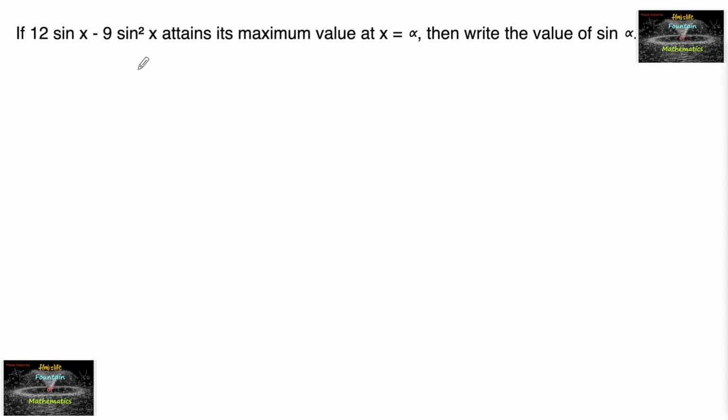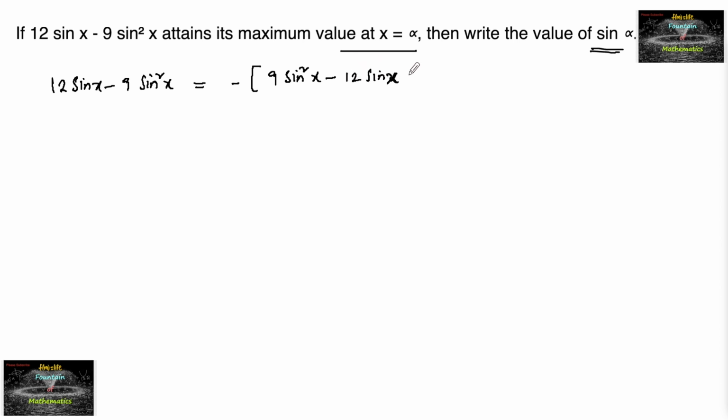If 12 sin x minus 9 sin square x attains its maximum value at x is equal to alpha, then write the value of sin alpha. So let's find the maximum value of 12 sin x minus 9 sin square x. We can write it as minus of 9 sin square x minus 12 sin x, which is equal to minus of (3 sin x) whole square minus 2 into 3 sin x into 2.